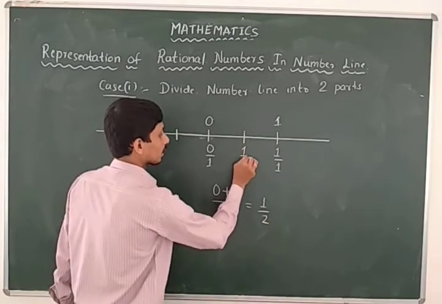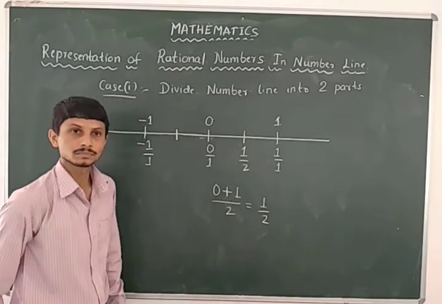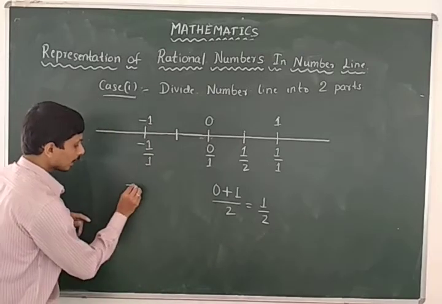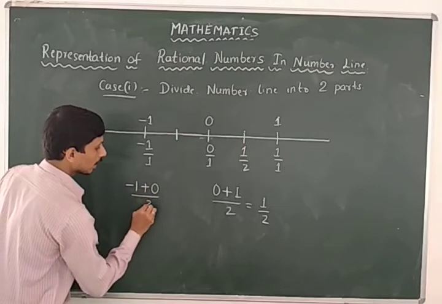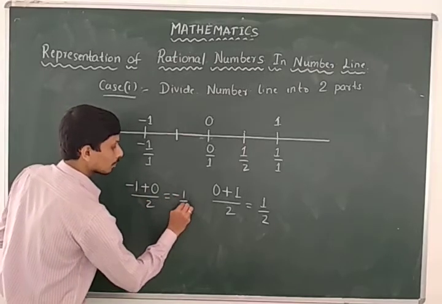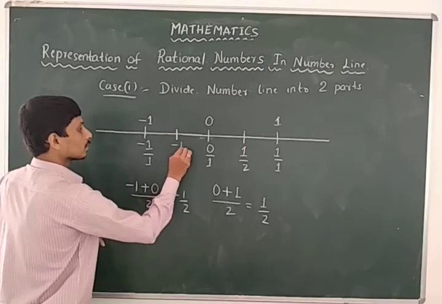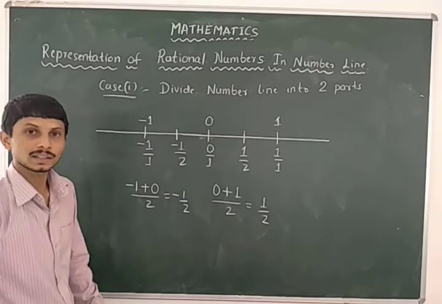Similarly, minus 1 plus 0 divided by 2 is equal to minus 1 by 2. So the point we represent is minus 1 by 2.